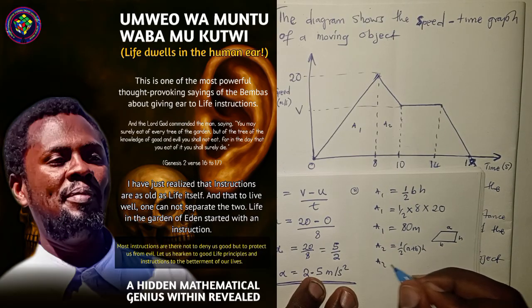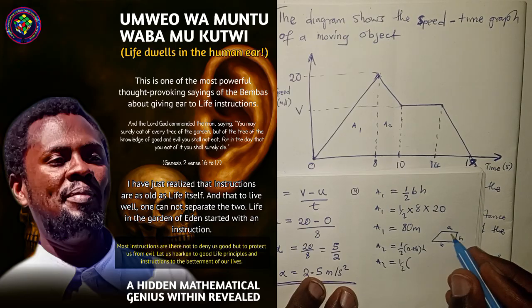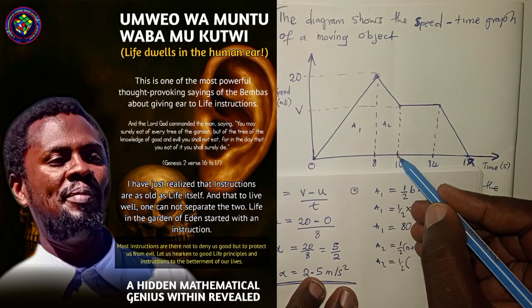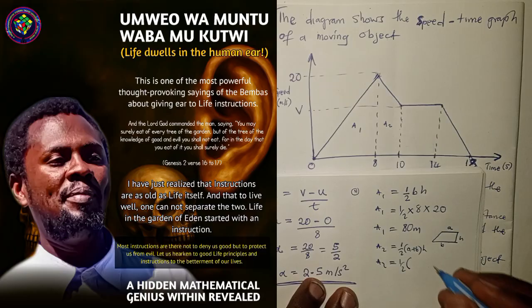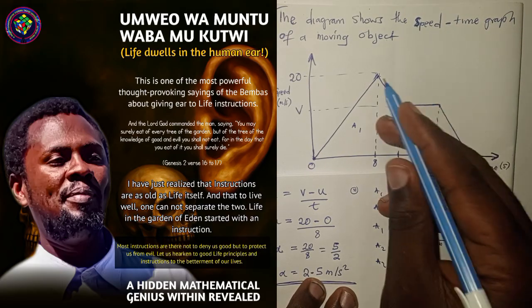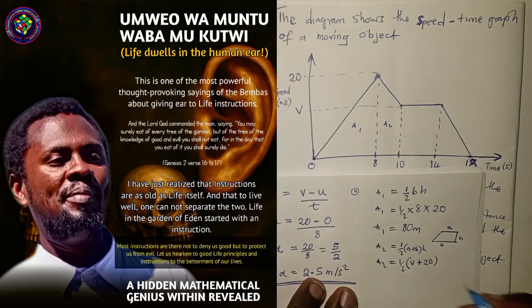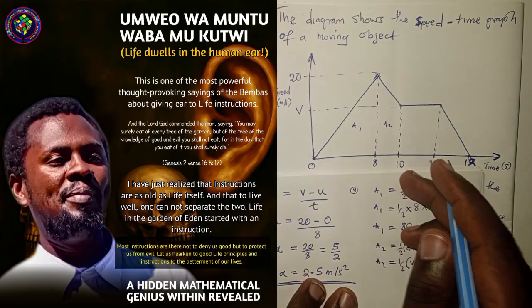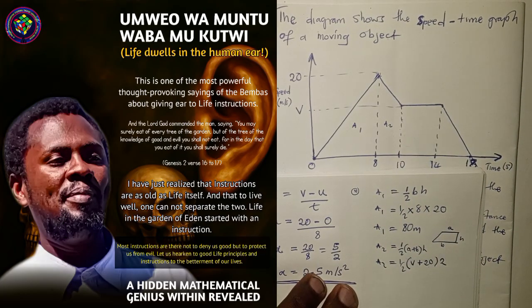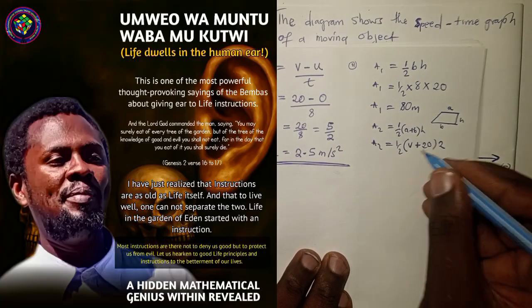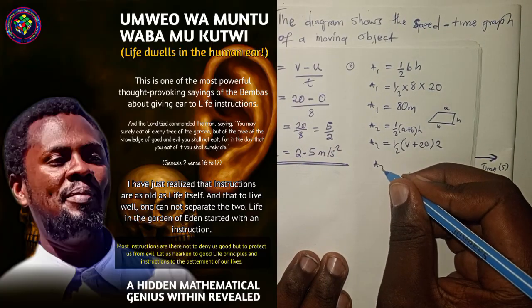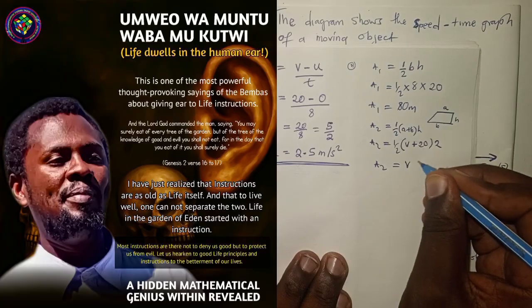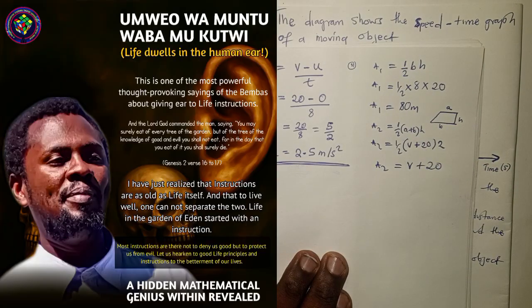So area 2 is equal to half, then in brackets we have our A, which in this case is from here to there, and that is V. So we have V plus our B, which is from 0 to 20, so that is 20. Then multiplied by our height from 8 to 10, so 10 minus 8, that is 2. Okay, so 2 and 2 cancel out. So for area 2, we have V plus 20.